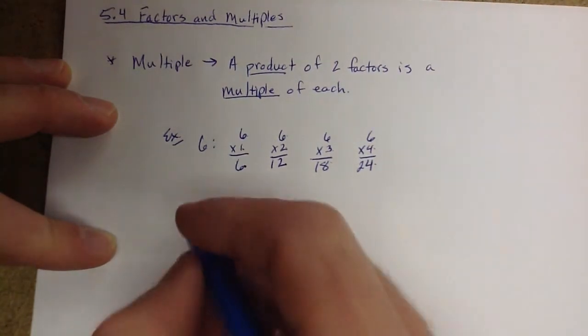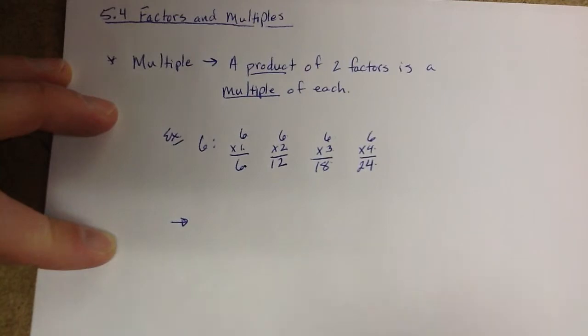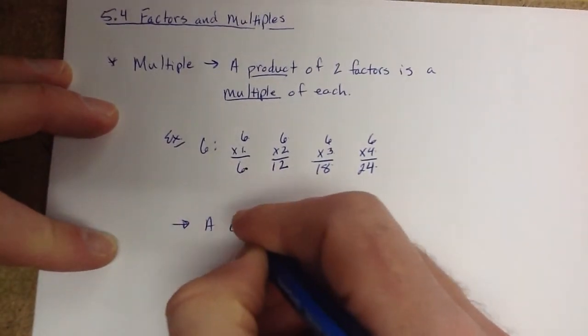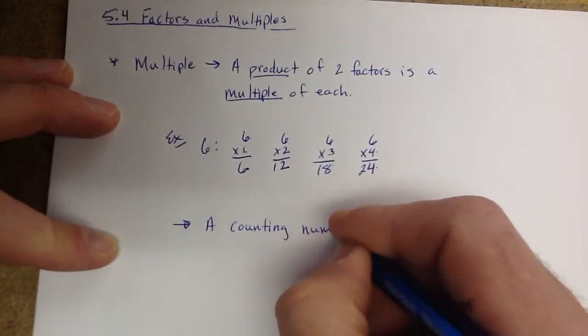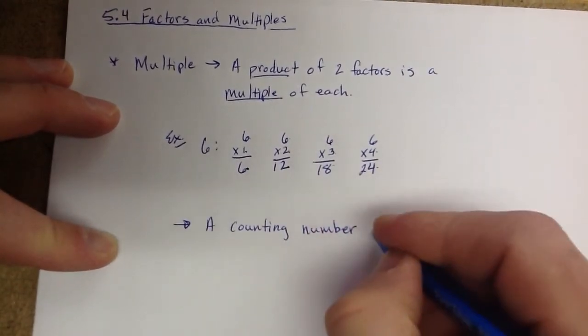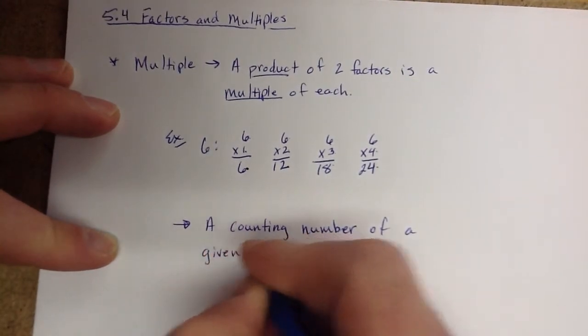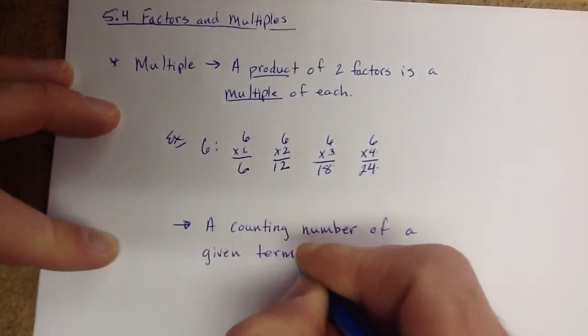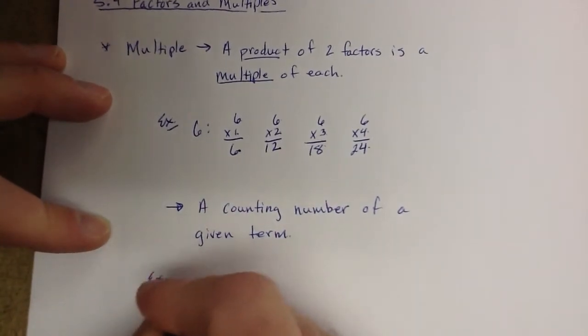So let's take a look at another definition. We might consider a multiple to be a counting number of a given term. Now let's look at an example here.